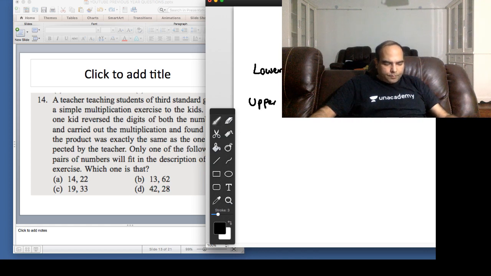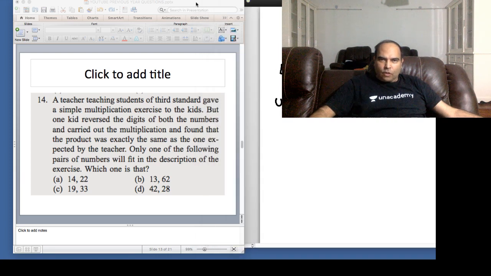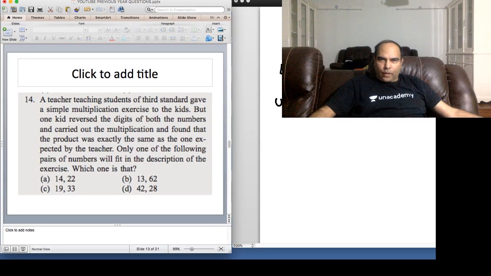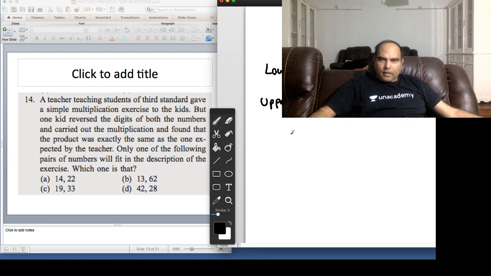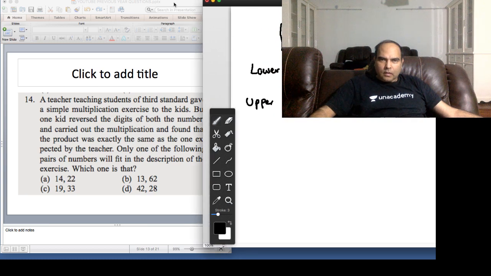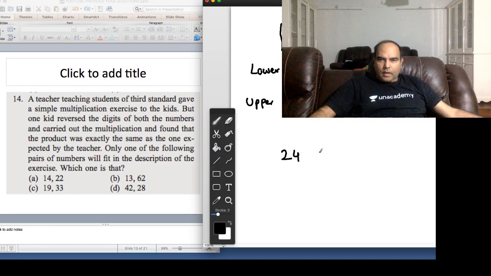On top of that, if you reverse these digits, I'm trying to tell you why 42 into 28 will never be the answer to this question, and hence you can eliminate it directly while solving. If you go with the reversal of these digits, 42 reversed is 24, and 28 reversed is 82.